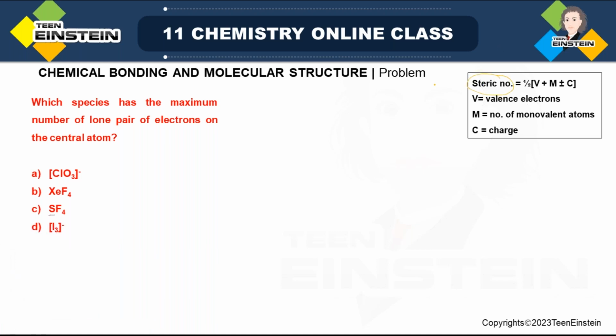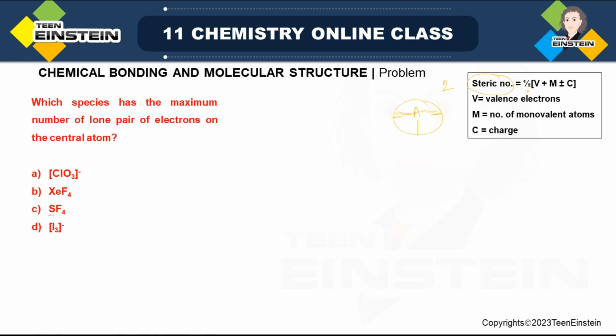So suppose the steric number you get is 2, that means around central atom A there will be a total of 2 positions. Suppose the steric number is 3, so there will be 3 positions, covering both LP as well as BP. It is not only for BP, okay? So these 3 positions you have to cover, and covering them means there must be an atom or a lone pair. So this is actually the steric number.